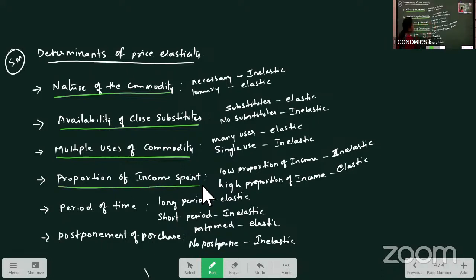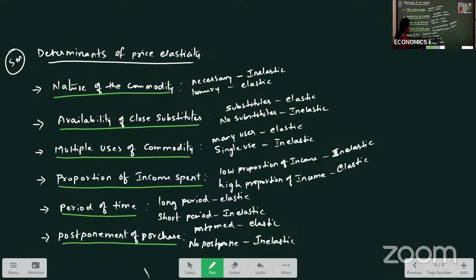Proportion of income spent: if you spend a low proportion of your income, then there will be inelastic demand. But if you are spending a high proportion of your income, then there will be elastic demand. Period of time: if the good is used for a longer period of time, you can substitute it with a cheaper product, so for the long period, elastic demand. For the short period, inelastic demand.